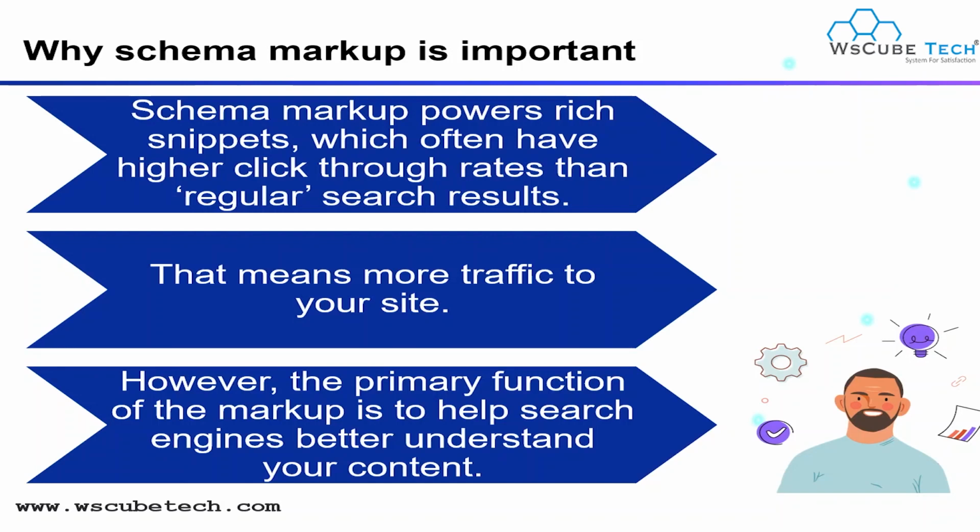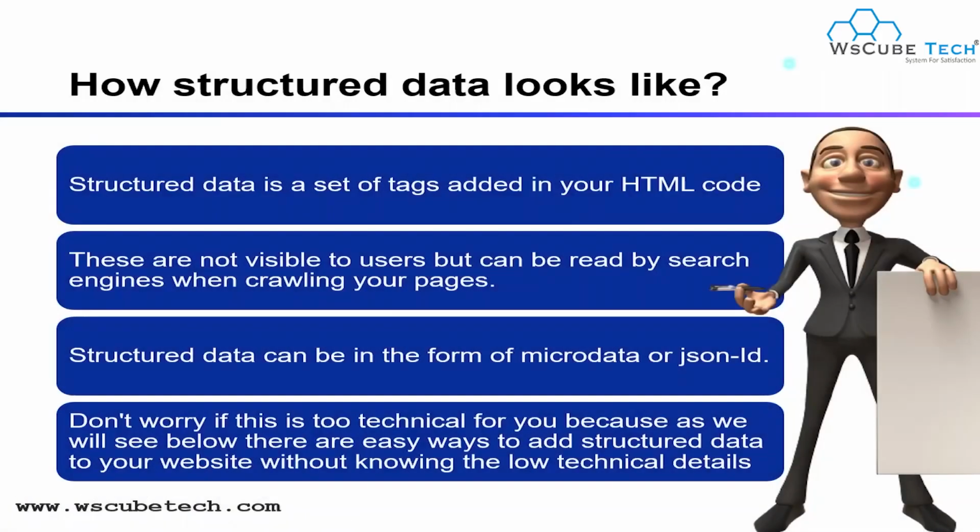This means that we are getting more traffic, because with Schema Markup we help the search engine understand our website better. This is one advantage, and another advantage is that Google will give us higher ranking and a higher click-through rate. However, the primary function of the markup is to help search engines better understand your content.